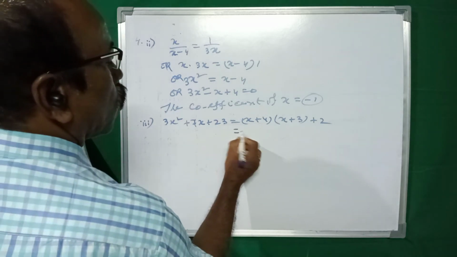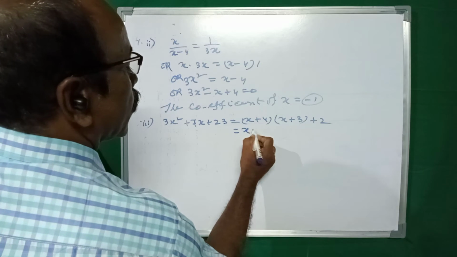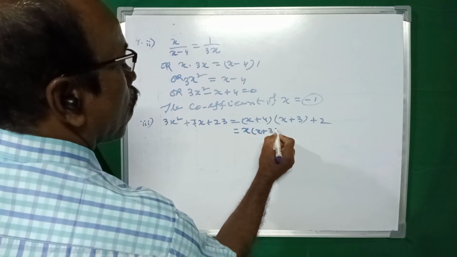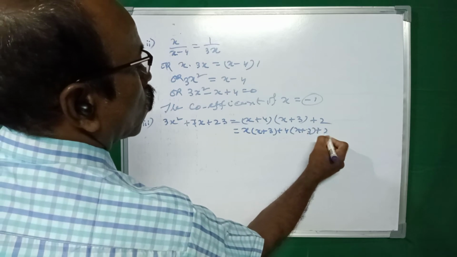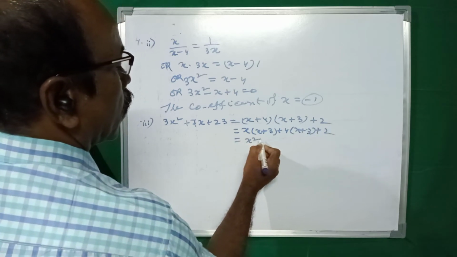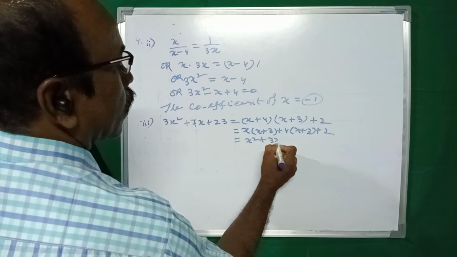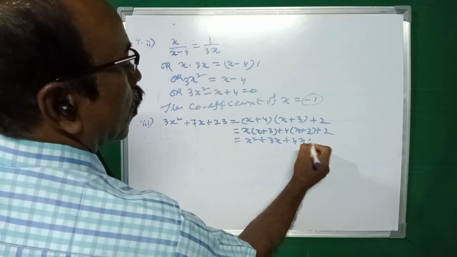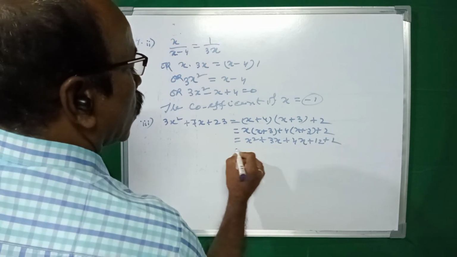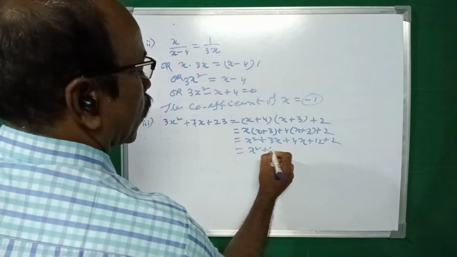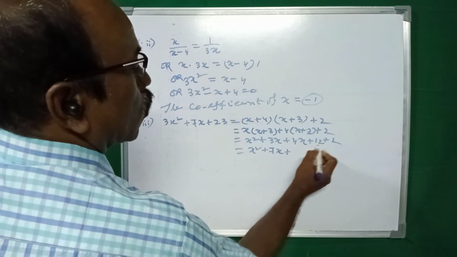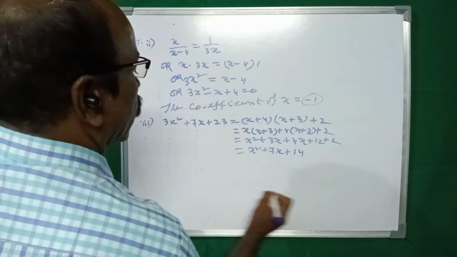Am I clear? Now we multiply x into x plus 3 and plus 4 into x plus 3 plus 2 is equal to x square plus 3x plus 4x plus 12 plus 2, which is x square plus 7x plus 12 and 2 is equal to 14.